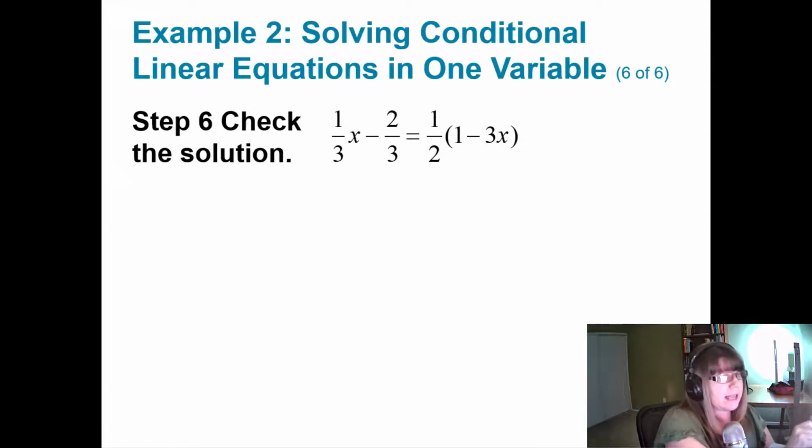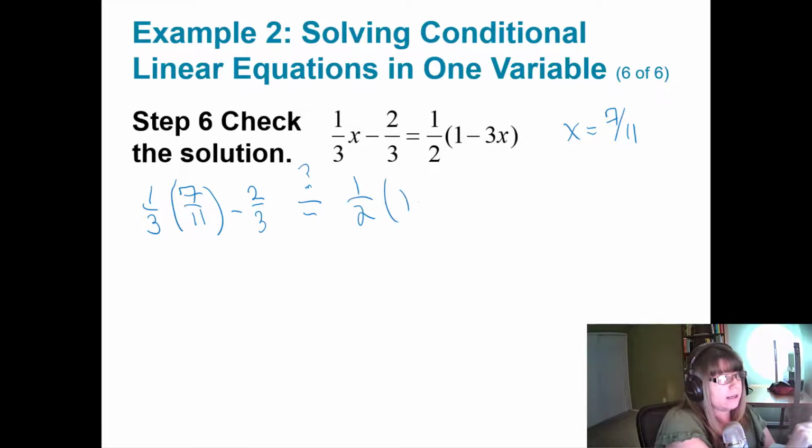So let's go ahead and say x equals 7/11 and check to see if that indeed is our value. 1/3 times 7/11 minus 2/3, does that equal 1/2, let me throw that 3 in there, 3 times 7/11.